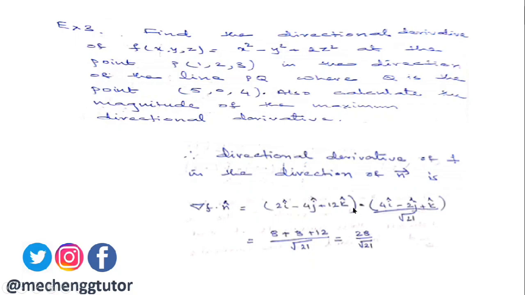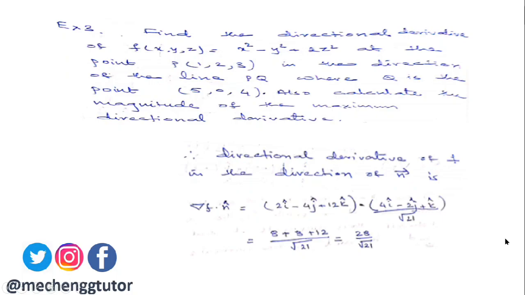This is our del f and this is our n cap. Just now we have calculated 1 upon root 21, keep it aside, and the corresponding coefficients are multiplied here: 2 into 4 is 8, minus 4 into −2, plus 12 into 1, that gives 28 upon root 21.